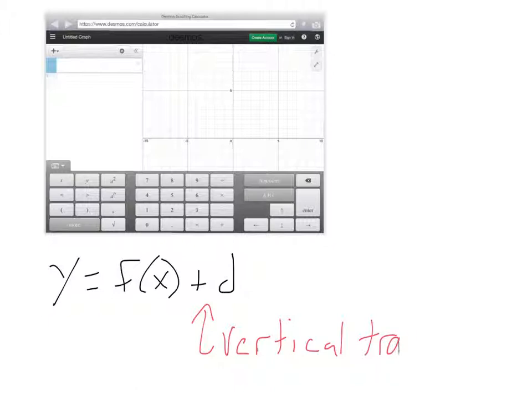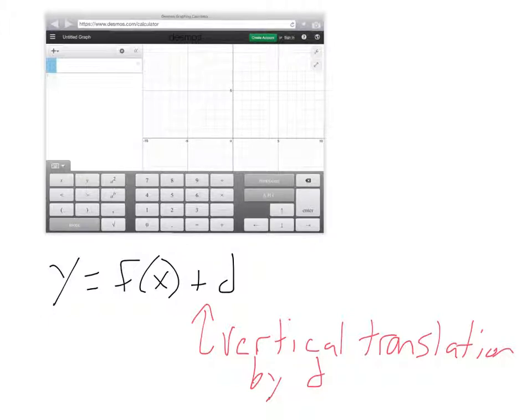Anytime we just move something without changing the shape, that's a translation by d, either up or down, depending on whether d is positive or negative. Okay. So that's the first transformation that we're observing here.